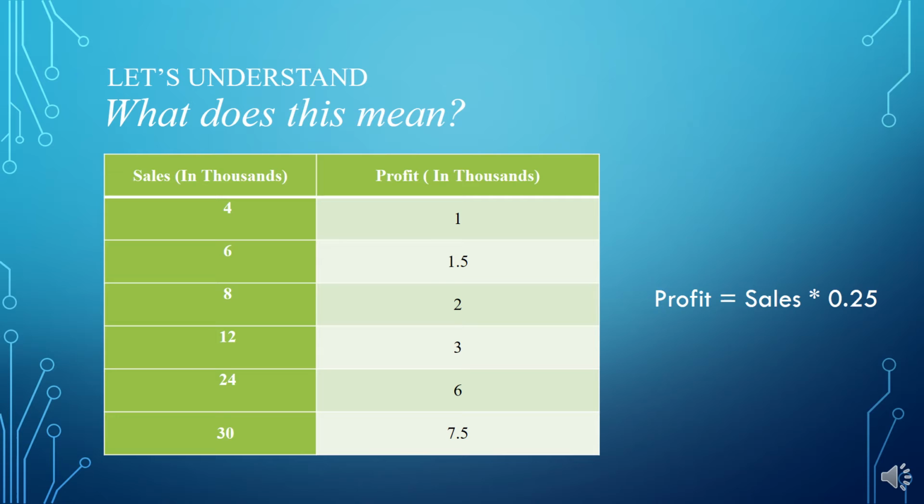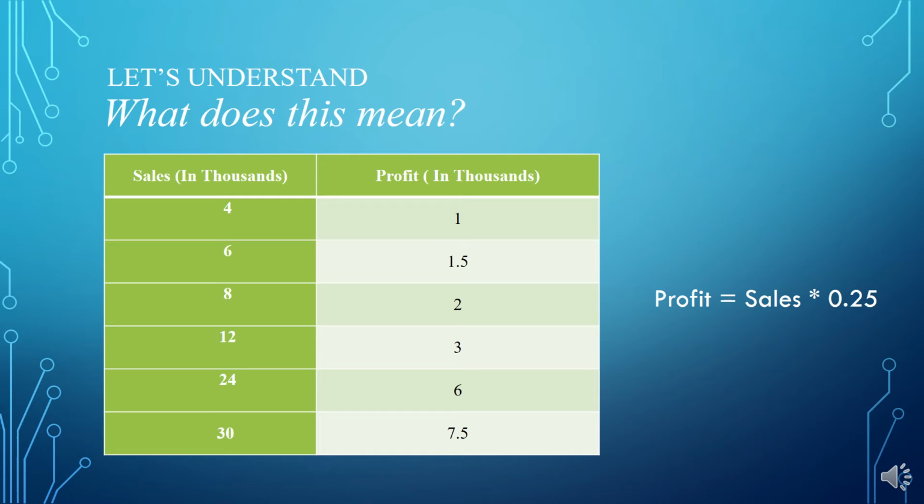When you have sales of 4,000, we have a profit of 1,000, i.e. 4 multiplied by 0.25 is exactly 1. When you have sales of 6,000 and a profit of 1.5 thousand, i.e. 1500, that is 6,000 multiplied by 0.25 is 1.5, and so on.